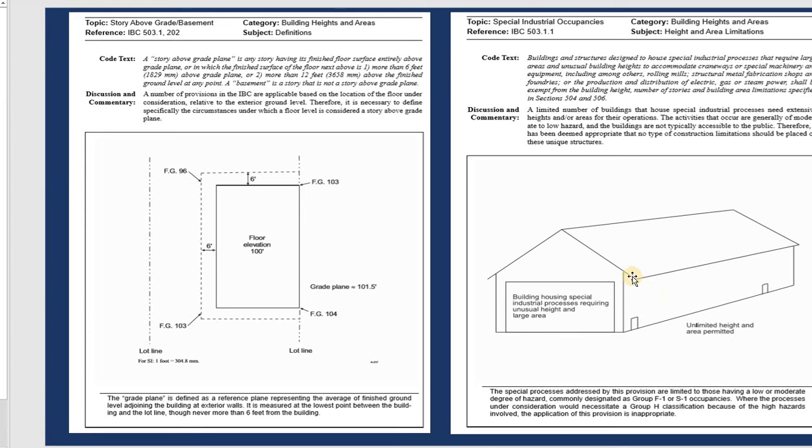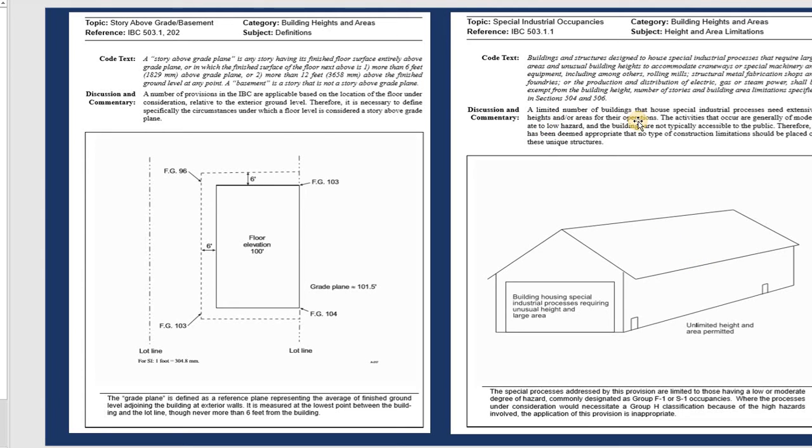That means the height you cannot see like a regular one. Sometimes they use this in industry, and this is why they have unlimited height and area permit. In the area permit, they need to show the permit for the area, but the height of the building can be maximum, limited, or unlimited.